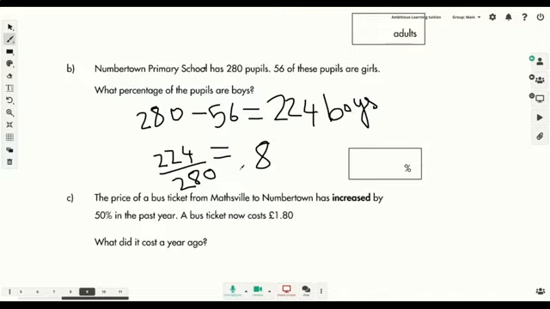If you divide it, you will get 4/5, and you know that 4/5 is how much percentage? It's 80%. Should we go on to the next one now?